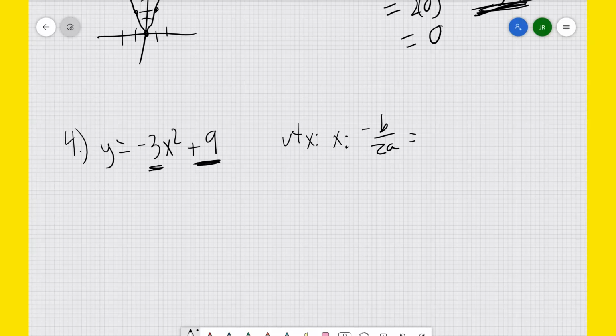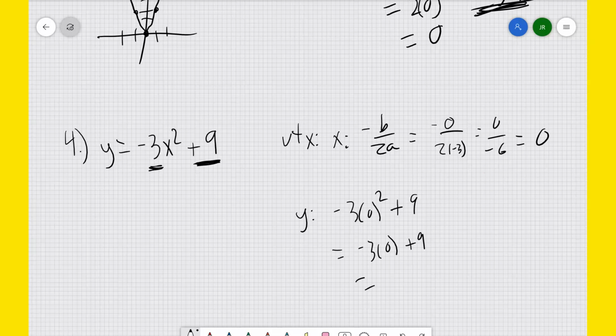The negative 3 is a. There is no b. So again, it's 0 over 2 times negative 3, which is going to be 0 over negative 6, which is still 0. And plug 0 in, negative 3 times 0 squared, getting my y coordinate now, plus 9. That's going to be negative 3 times 0 plus 9. That's 0 plus 9, which is 9. So my vertex is 0, 9.